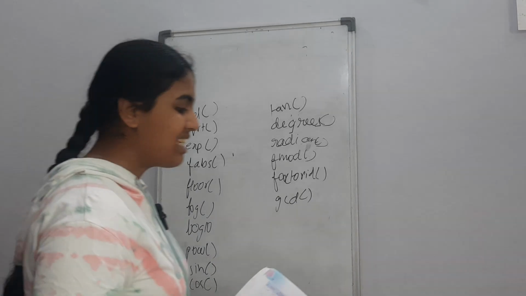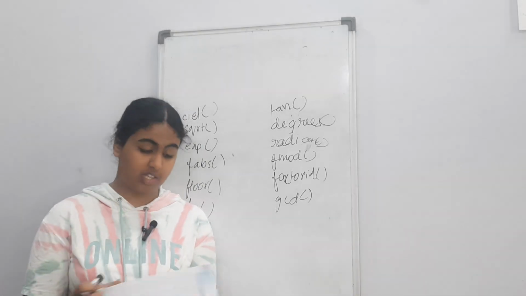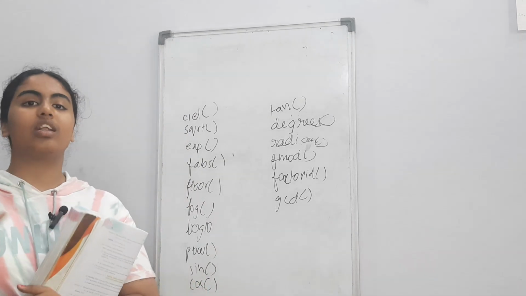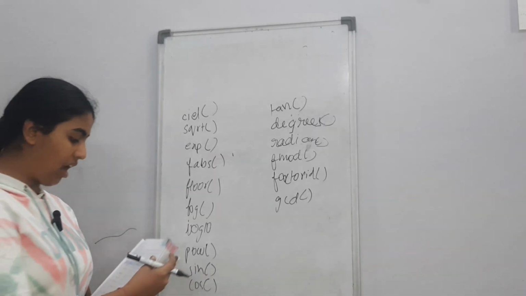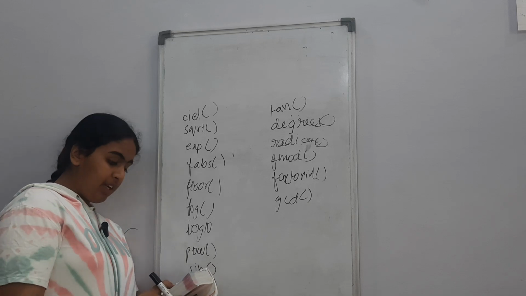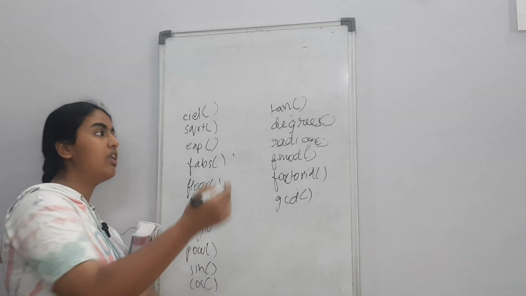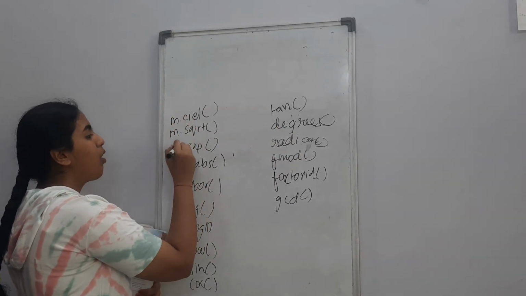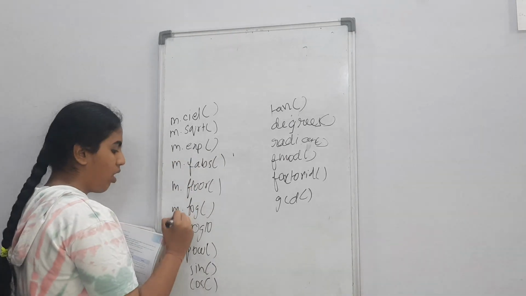Okay, now as their name suggests, these functions do exactly what their name suggests, except for ceil and fabs. Ceil basically returns the smallest integer not less than the number which is given as an argument. All these functions are used with an m dot prefix for these functions to work, because all library functions work that way.